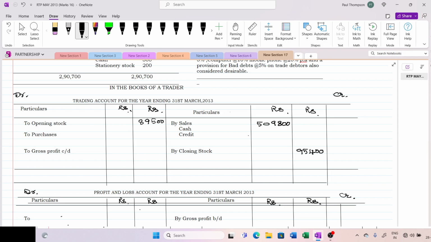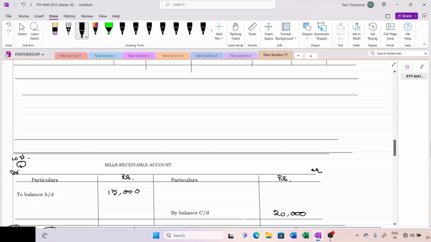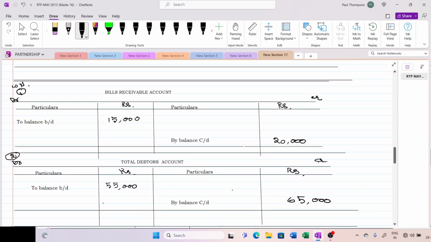Then they have received a payment from debtors. So cash account was debited, and the debtor account has to be credited by cash. You can write by cash or bank; by cash, because there is no bifurcation given in that sum. 1,51,900.